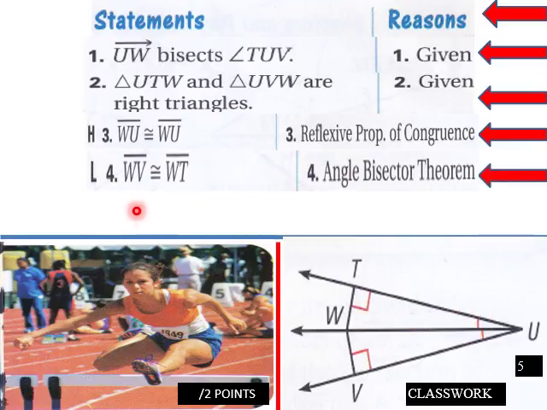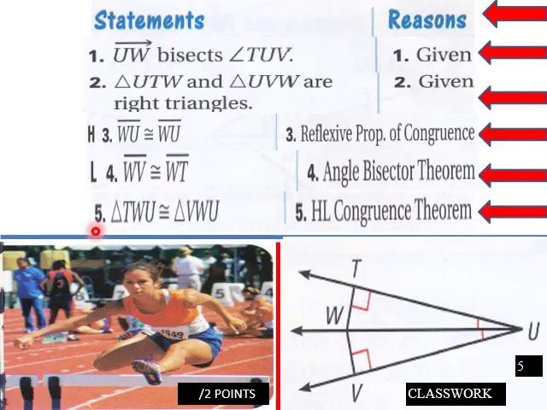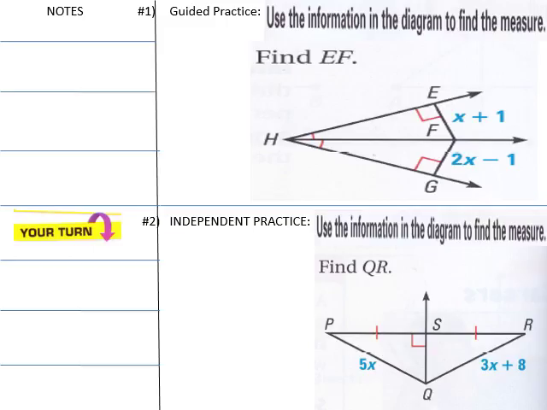And then line WV would be congruent to WT, by the angle bisector theorem, which we already went over. Therefore, triangle TWU is congruent to VWU by hypotenuse leg congruence. So we have our hypotenuse, which they both share, and we have a leg that they both share. So that means that they are congruent.